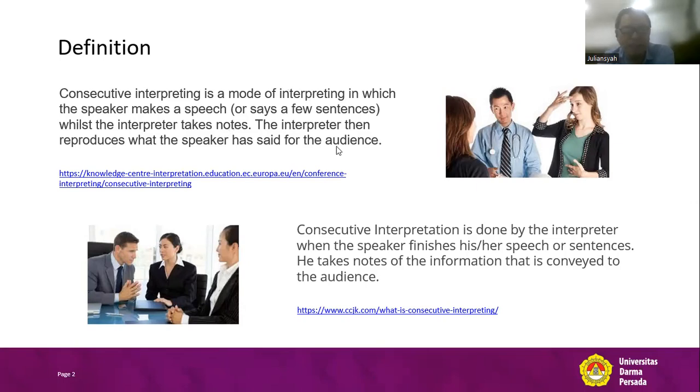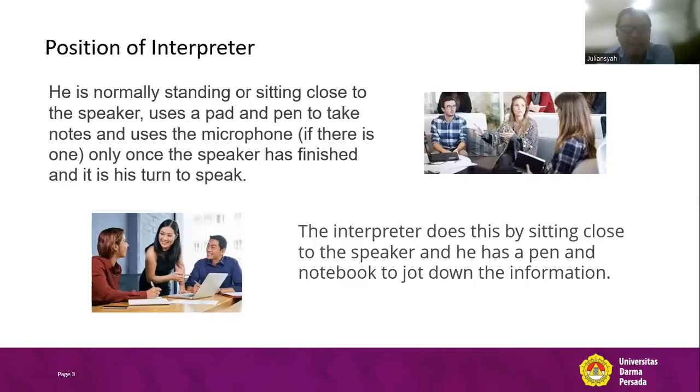You're welcome, sir. Now we go on to the next. Melia. Position of interpreter. He is normally standing or sitting close to the speaker, uses a pad and pen to take notes, and uses the microphone if there is one, only once the speaker has finished and it is his turn to speak.